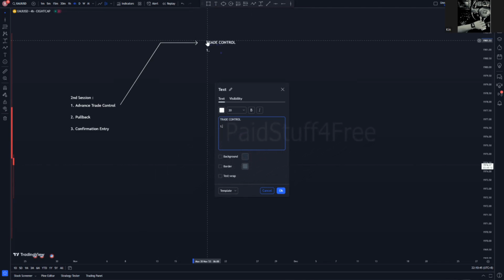Number 1, completed higher time frame. Number 2, first entry zone. Number 3, roadblocks, which we call our retracement entry. And number 4, re-entry, which is continuous entry.